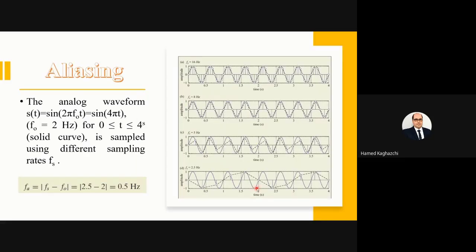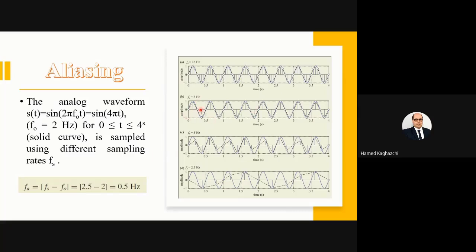Look at here. Suppose that this signal is sin 2πf0t, and we suppose that f0 is 2 Hertz. So sin 4πt is my analog signal.